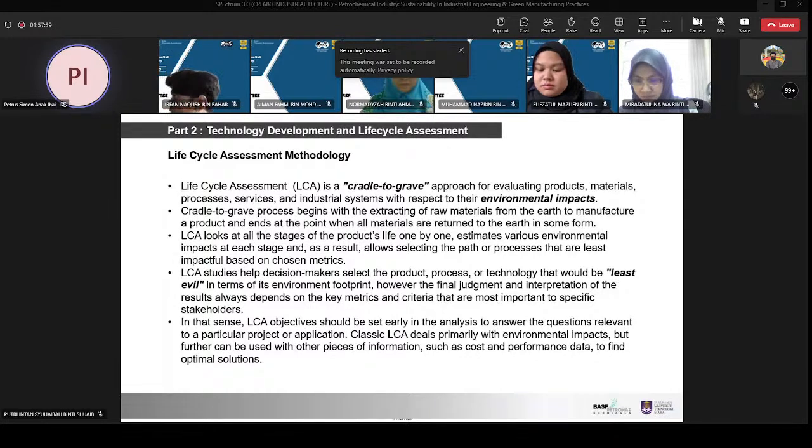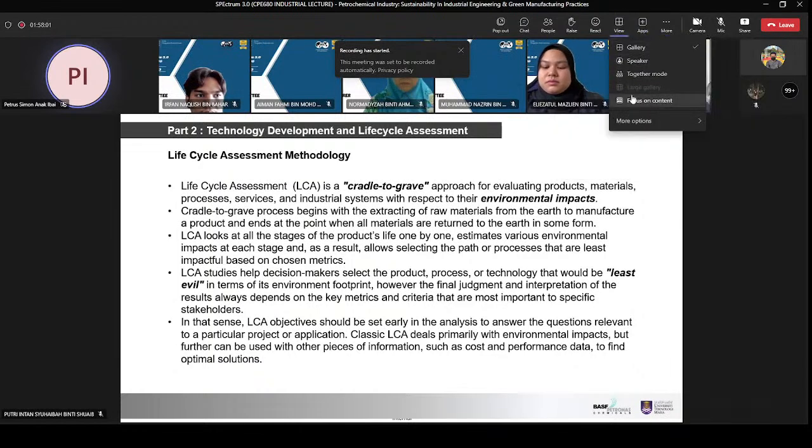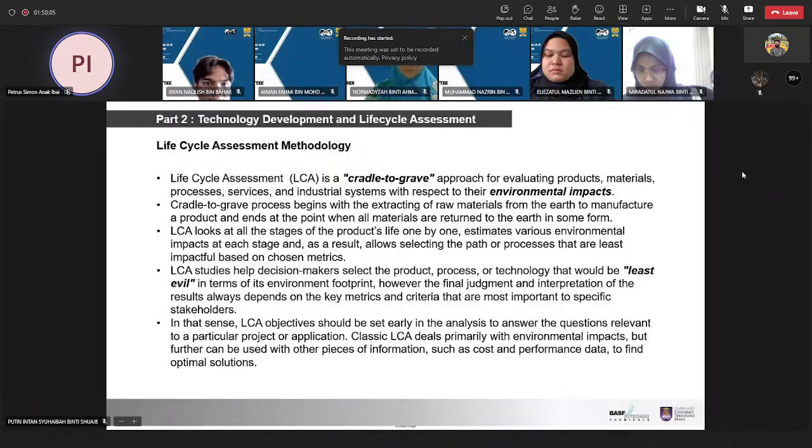In that sense, the LCA objective should be set earlier in the analysis. I mean, this is in the preparation to answer the questions relevant to the projects or the applications. The normal or classic LCA usually is done on the environmental impacts, but the advanced one can be used for other information like the cost and also the performance data, to find the optimal solutions.